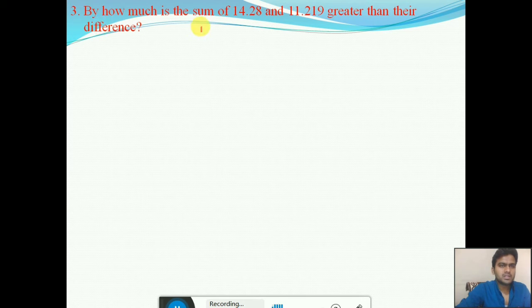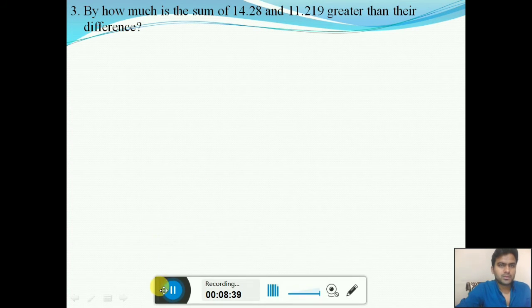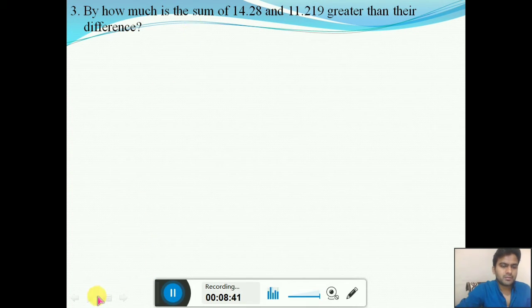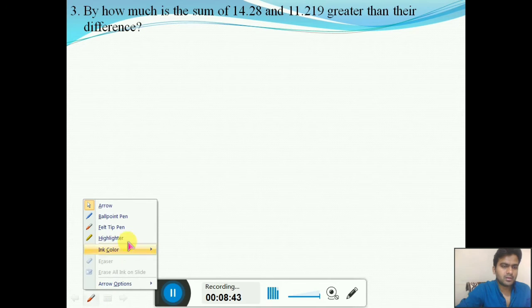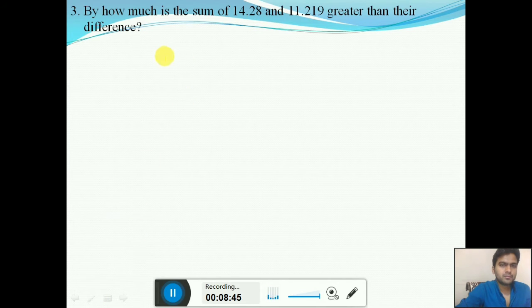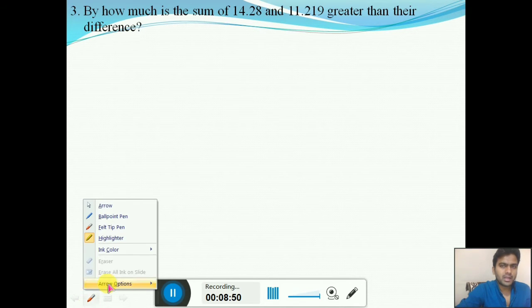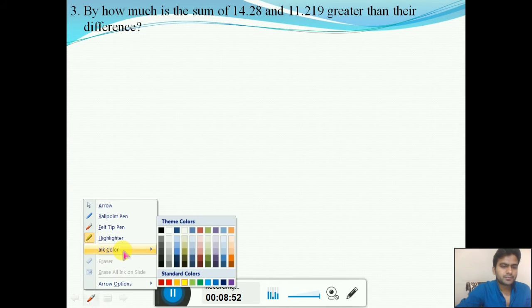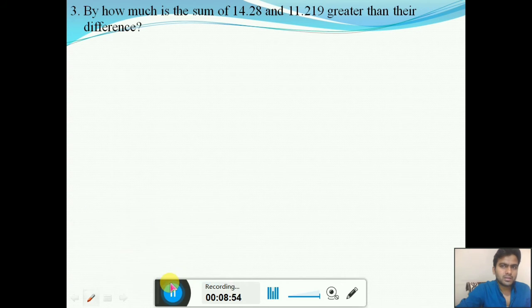By how much is the sum of these two numbers greater than their difference? So what we have to find out in this question is how much the sum of these two, 14.128 and 11.219, is greater than their difference.